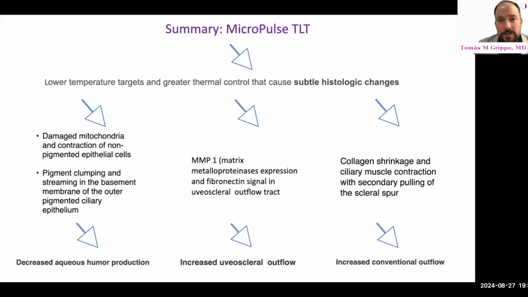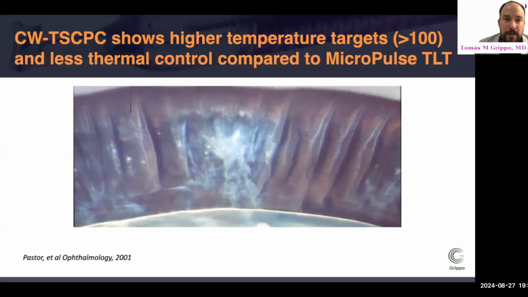This slide is just a summary of the different outflow systems that actually get affected, or the production of aqueous humor. And this slide here just highlights, we're just talking about MicroPulse TLT, and we wanted to compare it with conventional CPC.